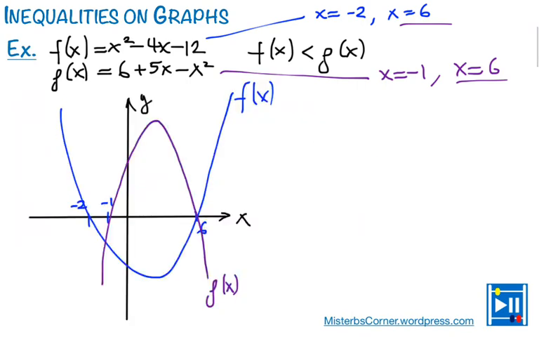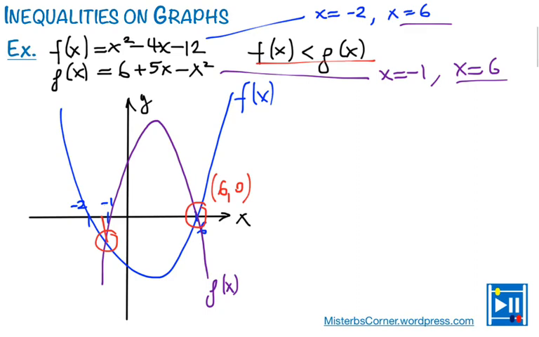From the graph it's obvious that f of x is less than g of x in this region. So this is f of x being less than g of x. I need to find, well, this is obvious, it's 6, the x value is 6. But I need to find the x value of this intersection.